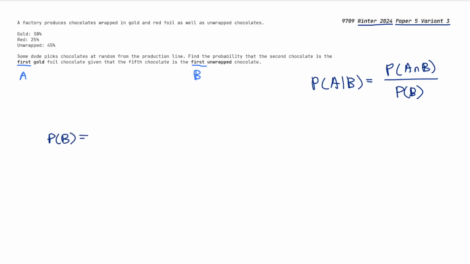So let's find the probability of B first. It's very simple. It's just equal to the probability of getting 4 wrapped chocolates, so 1 minus 0.45 to the power of 4, multiplied by 0.45.